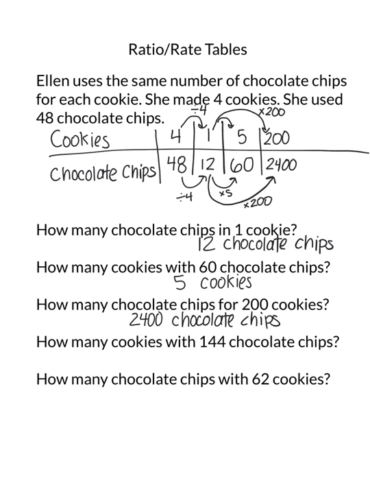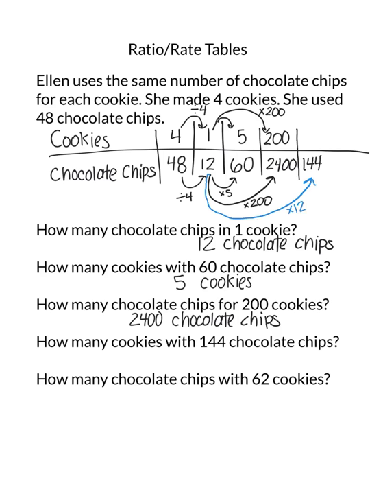The next one, how many cookies with 144 chocolate chips? So I will make another column in my table, and I have 144 chocolate chips. So the 144 will go down here. I personally think it's easiest to go from the 12 over here, because I know 12 times 12 is 144.